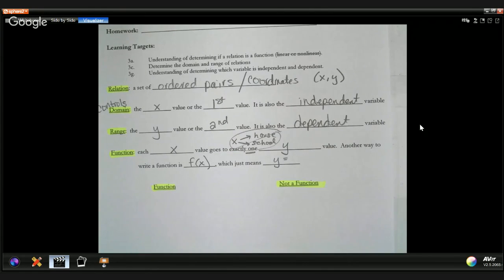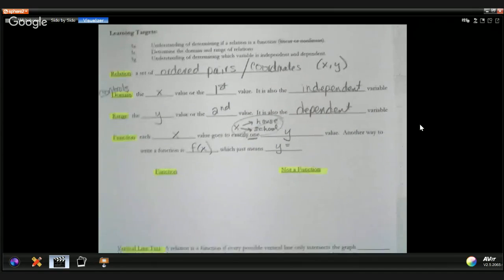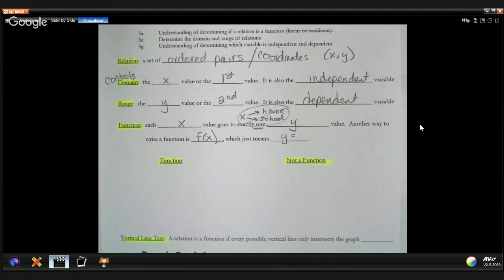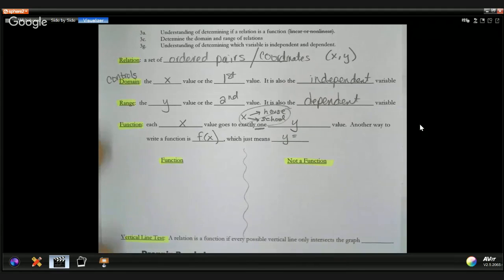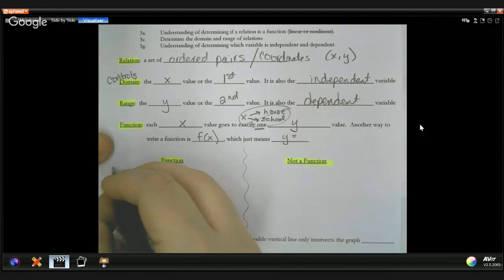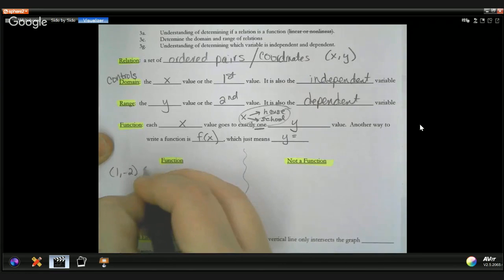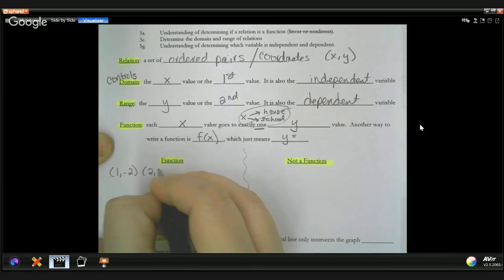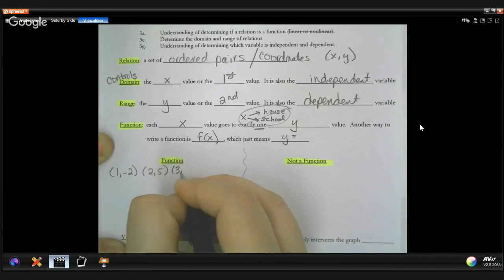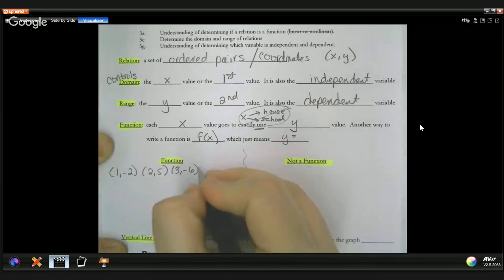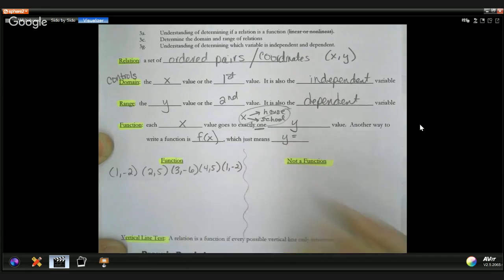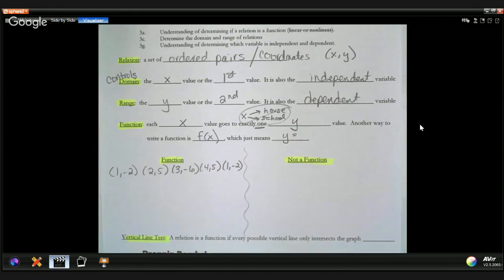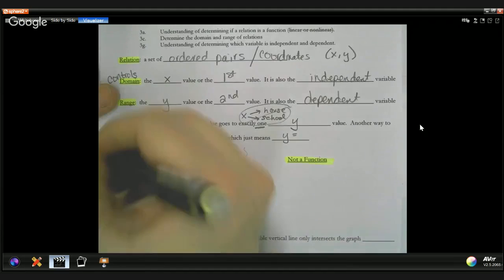Okay, so the best way to see this is to look at examples versus non-examples. So a function, let's make up a function. 1 with -2, 2 with 5, 3 with -6, 4 with 5, and 1 with -2. So what happens is if you have the same x, it must have the same y.